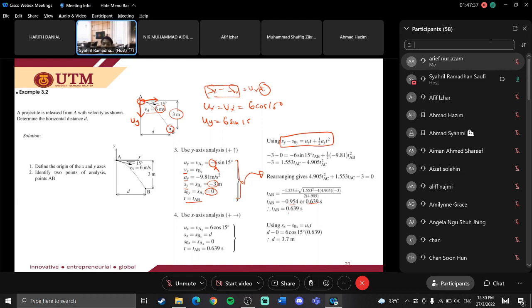You need to choose the positive time, because point B is in front of point A, so it is a positive time. After you obtain the time, you substitute into this equation, then you will be able to get the horizontal distance. So any questions? Ada soalan ke untuk example ni?